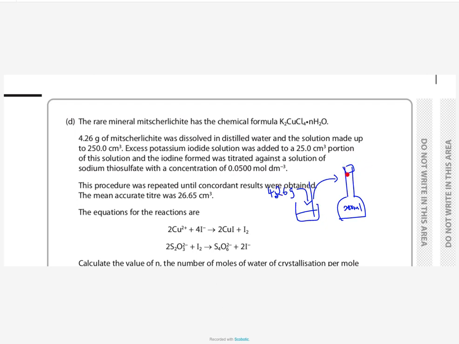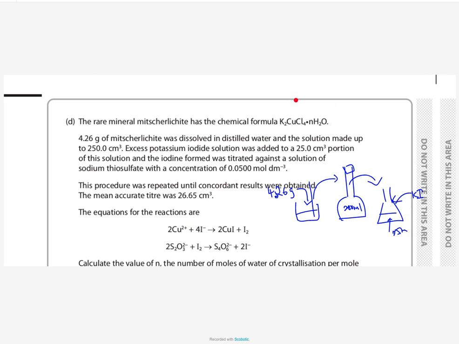And then you take a 25 ml portion of this. That means 1/10 of what you prepared, and to that, excess potassium iodide is added. And what happens here?